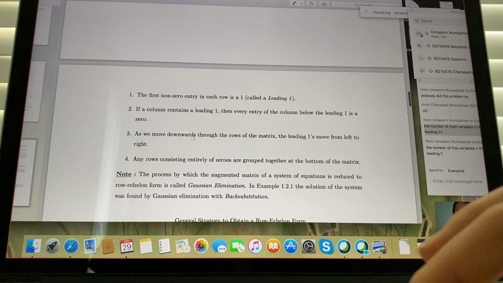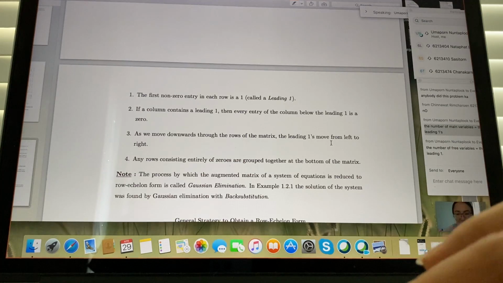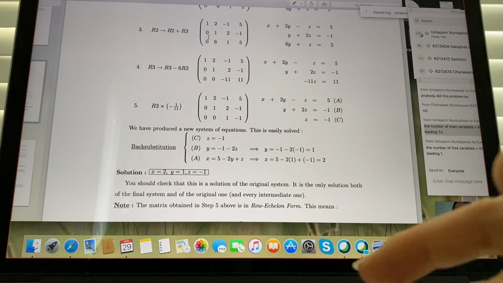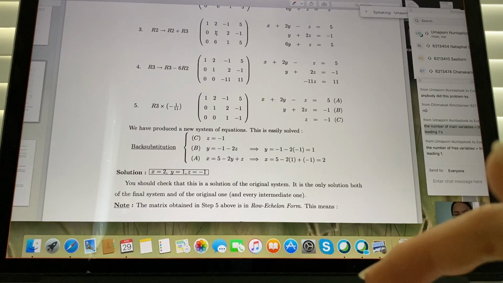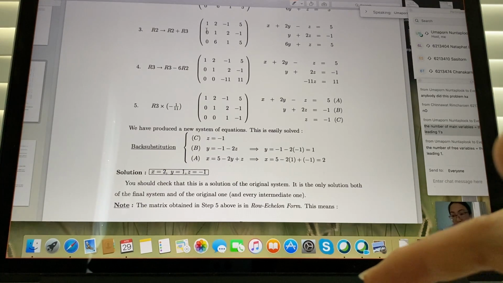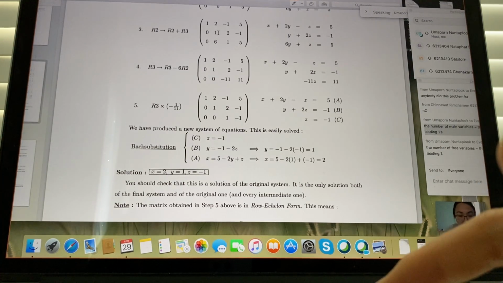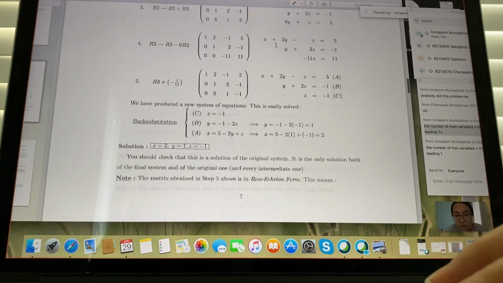Number 3, as we move downwards through the rows of the matrix, the leading one moves from left to right. Because the entries below the leading one must be 0, when you go to the next row, the leading one cannot be below it.